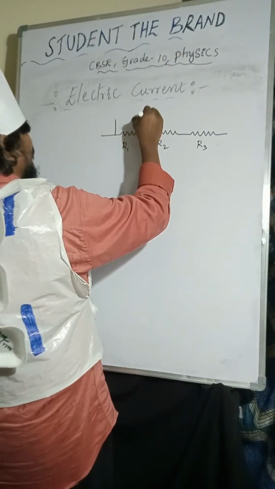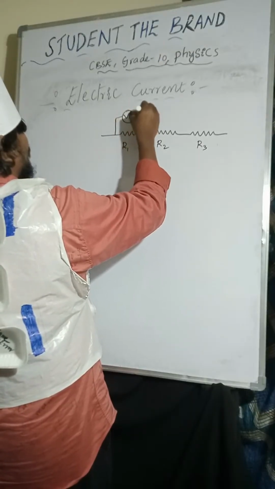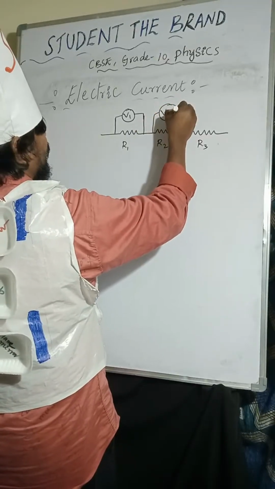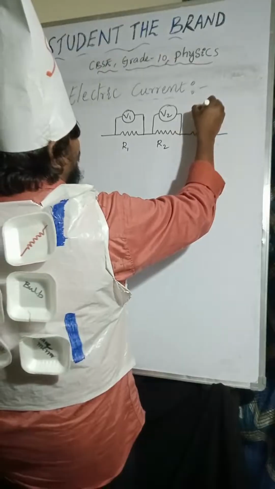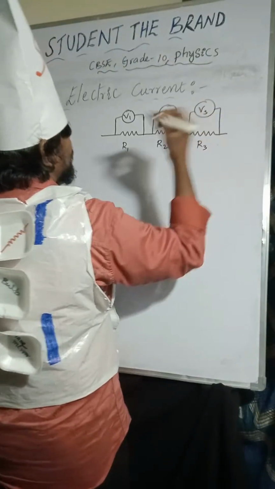Across R1 I am connecting V1. Across R2 I am connecting V2. Across R3 I am connecting V3. So this is the potential difference.